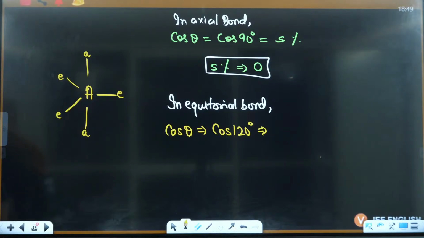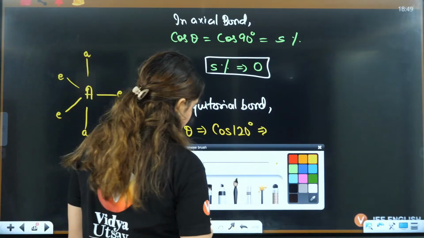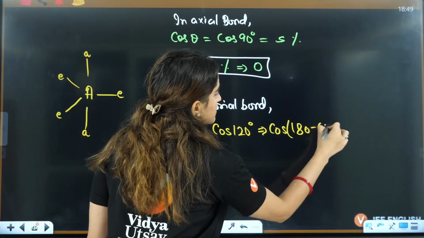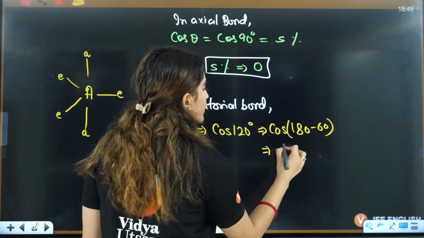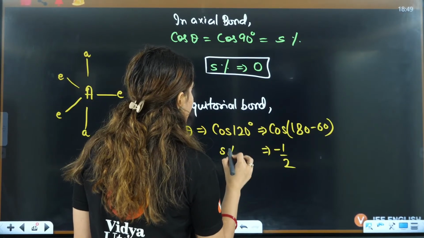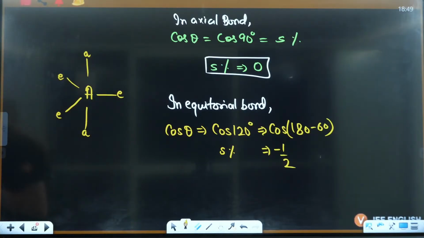Cos 120 is 180 minus 60, that is nothing but minus half. So we can say cos theta is minus of half here.